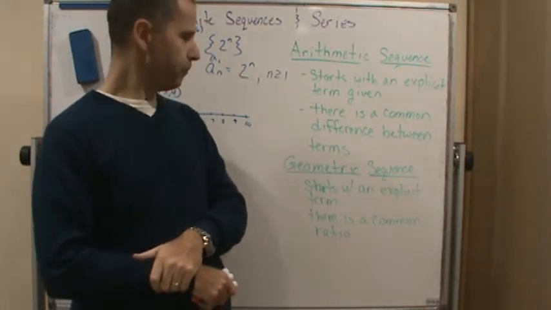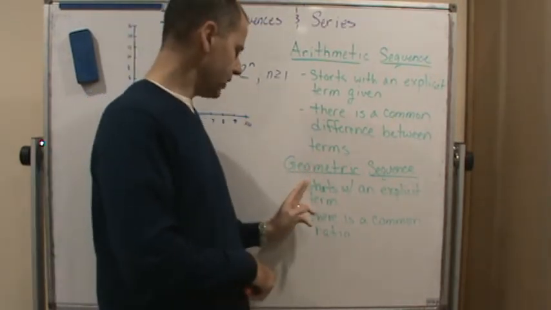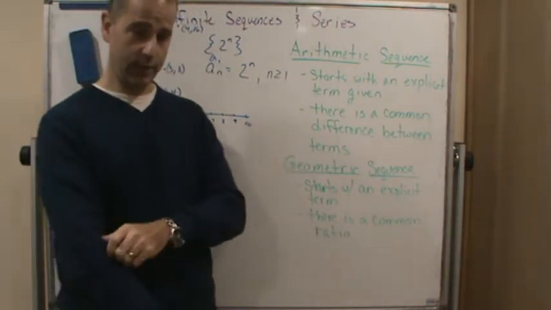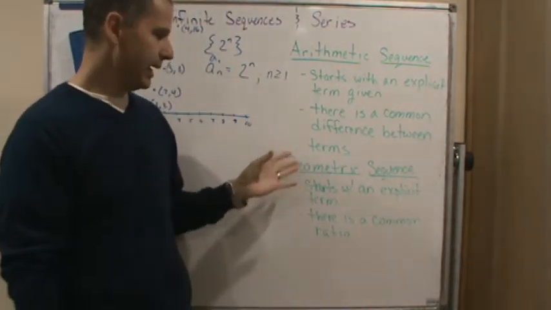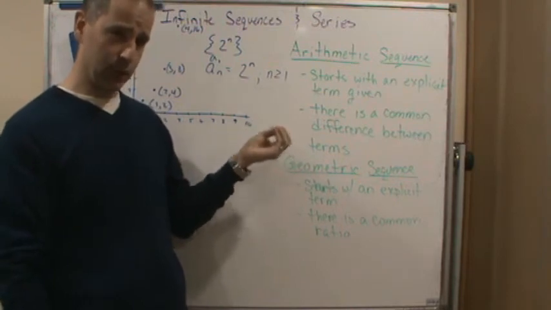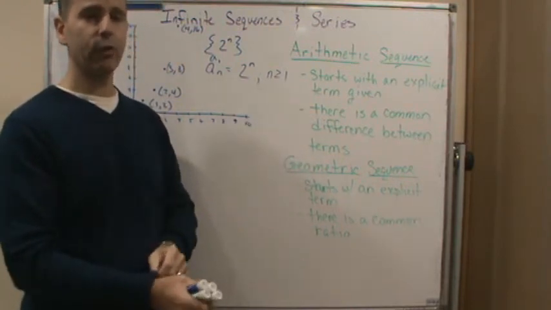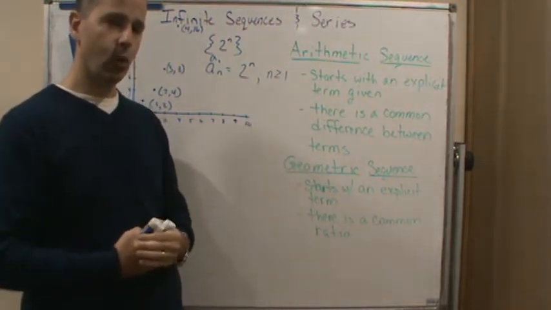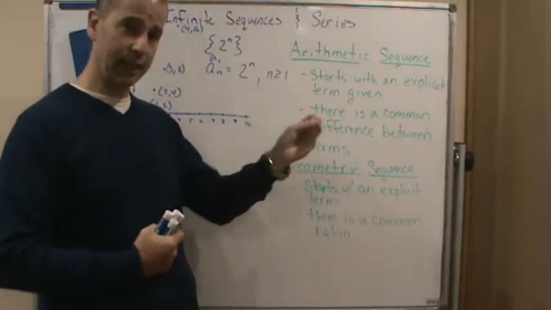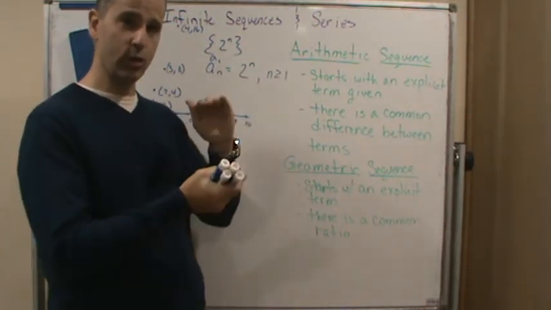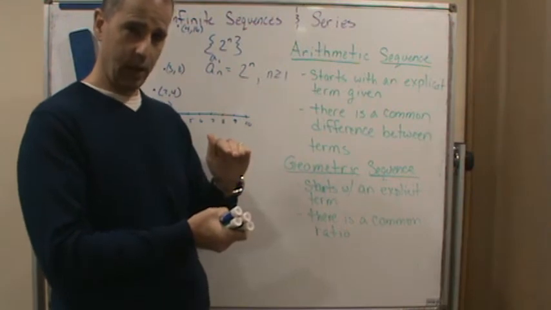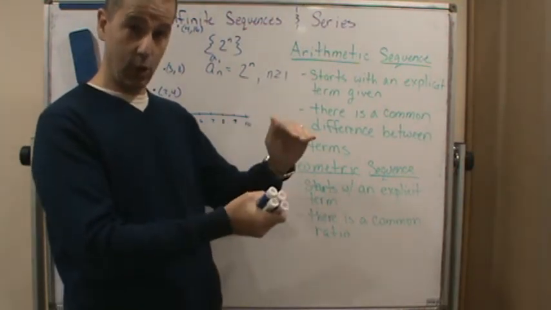Okay, that's one. The other type of sequence is called a geometric sequence. Instead of a common difference between consecutive terms, we have a common ratio. If you take any two consecutive terms in the sequence and divide them, you get the same ratio.